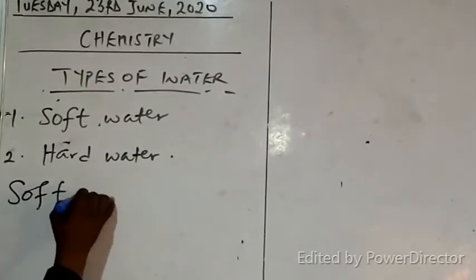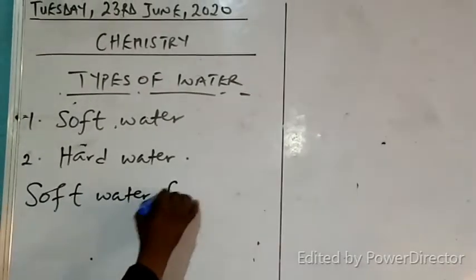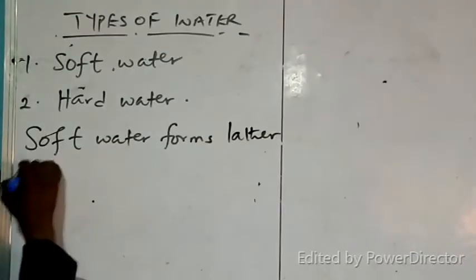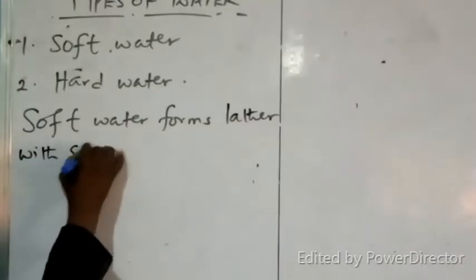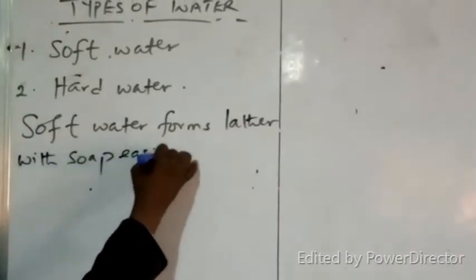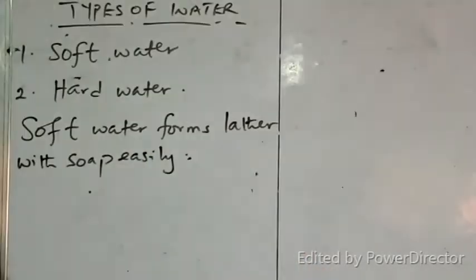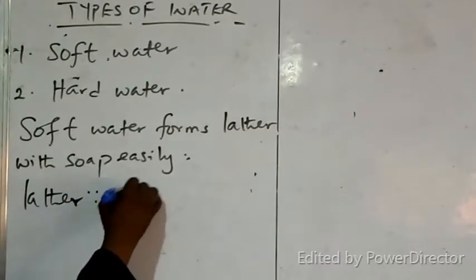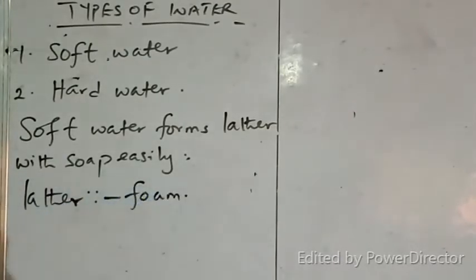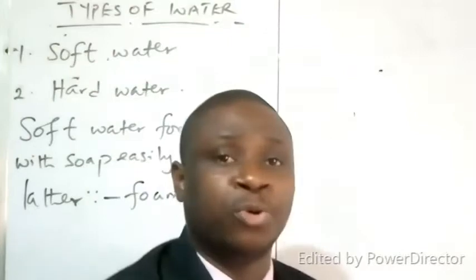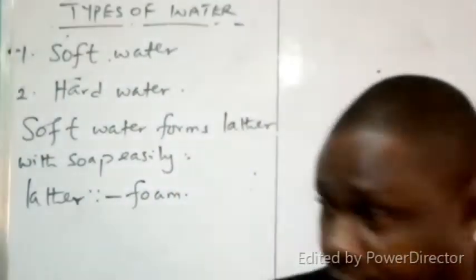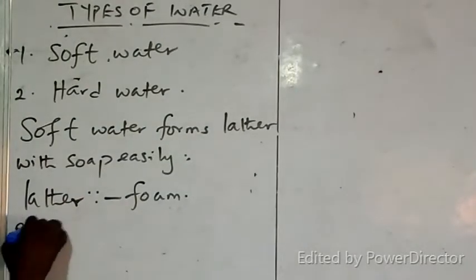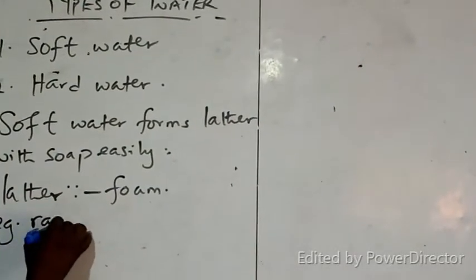Soft water forms lather with soap easily. Now, when we make use of the word lather, what is that? Lather simply means foam. That is the ability of the soap to form foams in water when soap is added to water. Examples of these, we can have rainwater.